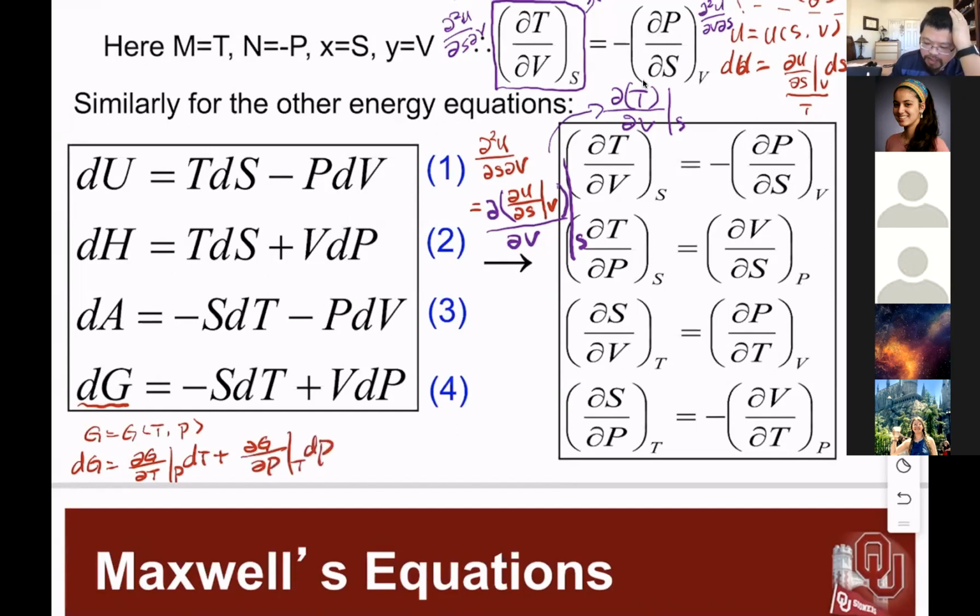And we have figured out that this part is negative entropy, and this part is volume.